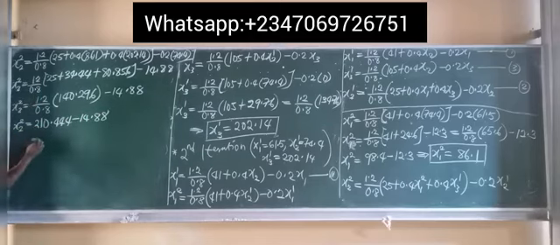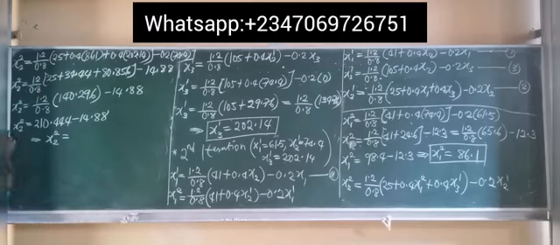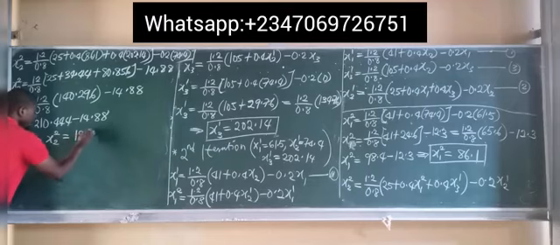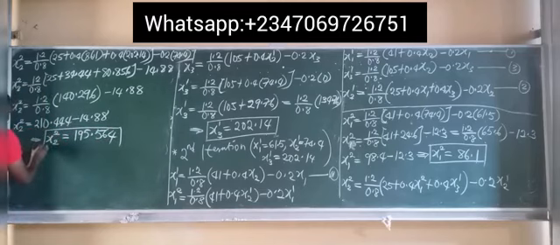This implies that the second iteration for the second variable x is now equal to 210.444 minus 14.88. We have 195.564. So this becomes the second iteration for the second variable x2.